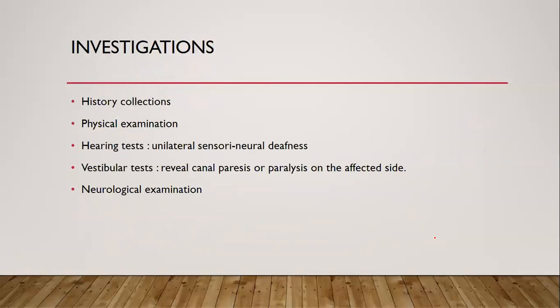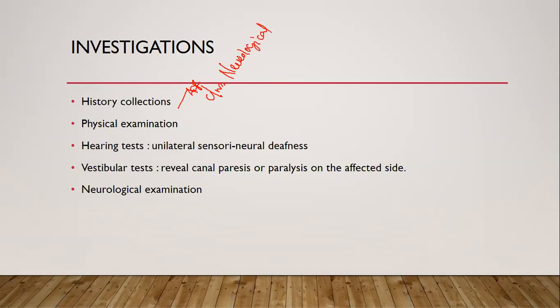The investigation first is history collection. In history collection, you can assess the age of the patient and whether the patient had any history of infections, or the hearing ability of the patient can be assessed, or we can collect the history regarding the clinical manifestations or neurological findings.